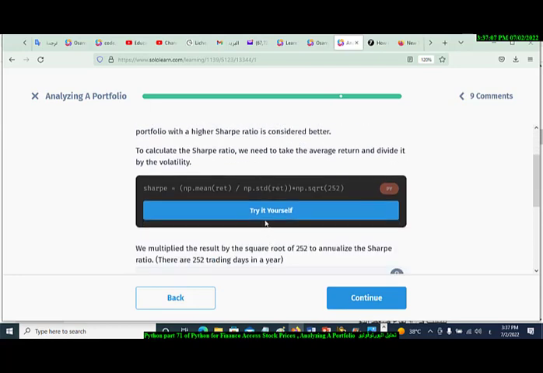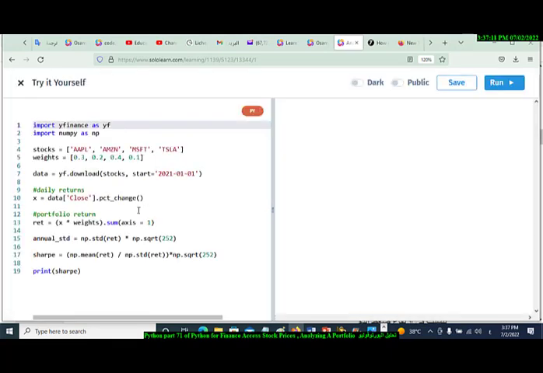Okay, so let's try. So this is the final code, not final, it's a semi-final, because we have an extra one for plotting this data. So first of all, we imported yfinance, then imported the numpy library. Then we defined two arrays, one for stocks and the other for the weights of each.